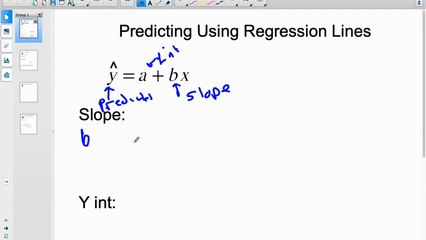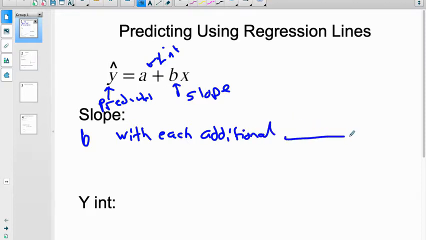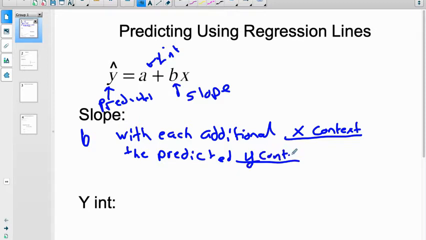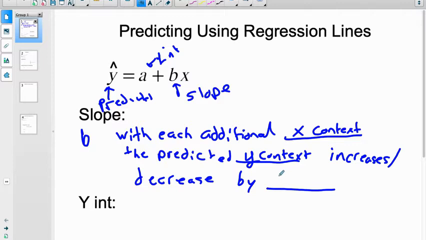And here's how we're going to interpret slope. So with each additional whatever your x variable is, the predicted whatever your y variable is in context of the problem will either increase or decrease by your slope.